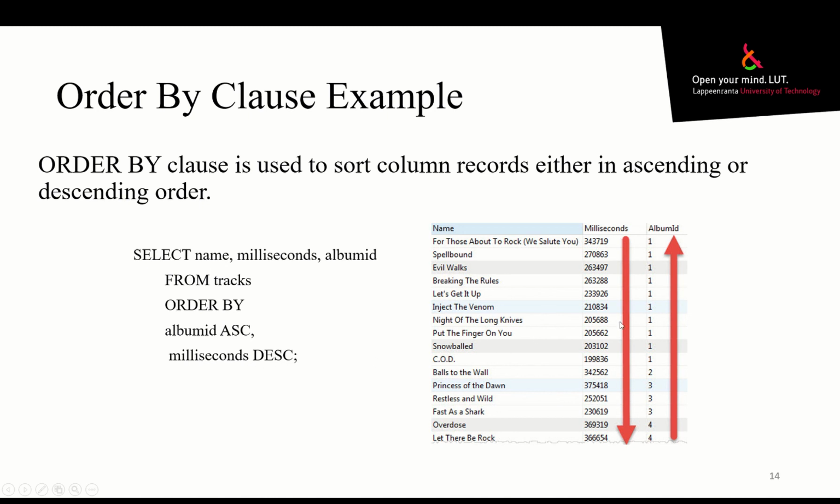So that is just an example to show you that you can use ORDER BY to sort columns. Basically, you want to sort the result by a column either in descending order or in ascending order. This is the example to explain how the ORDER BY clause works.